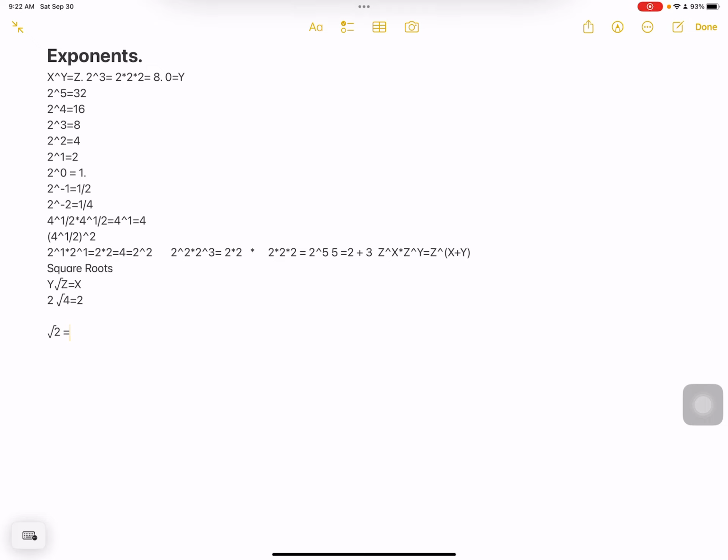Now this is an extremely hard question to answer. But square root 2 and 2 to the power 1/2: it feels like when you do 2 to the power 1/2, it gets you the square root of the number. And that's extremely correct.